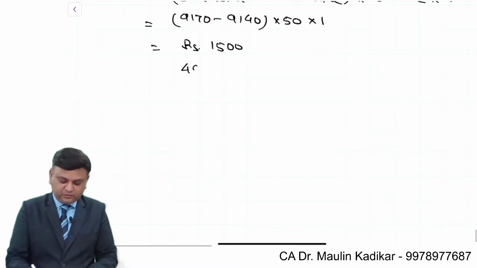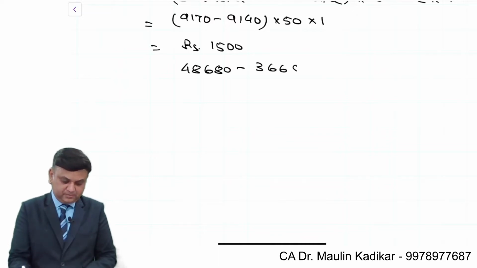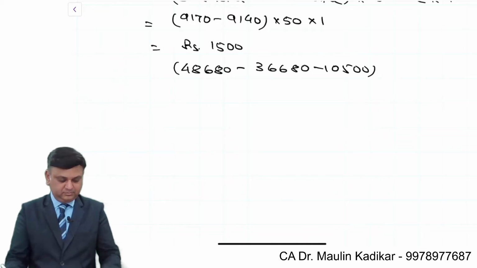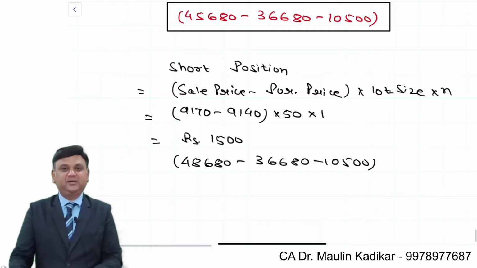So you have received 48,680. You paid 36,680, and you paid 10,500. So 48,680 minus 36,680 plus 10,500 comes to exactly 1500. This is the way you are required to write the answer.